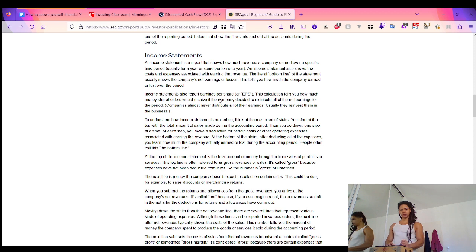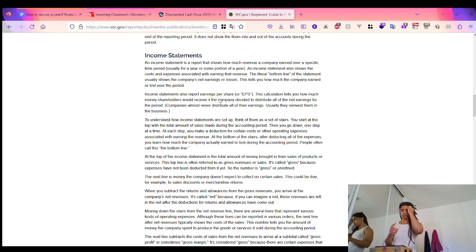So that's the two things that this income statement shows: how much revenue a company made, and the cost and expense associated with earning that revenue.